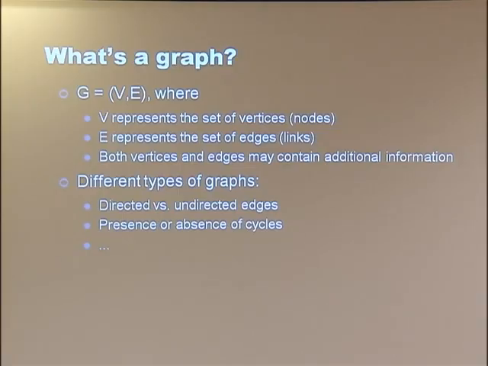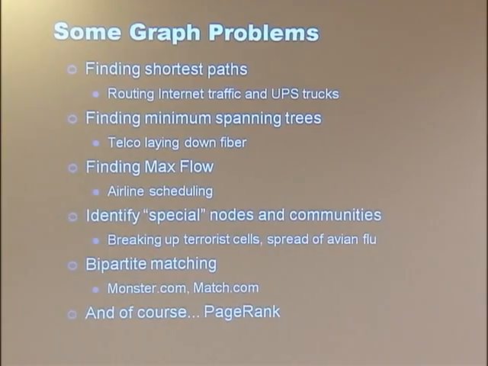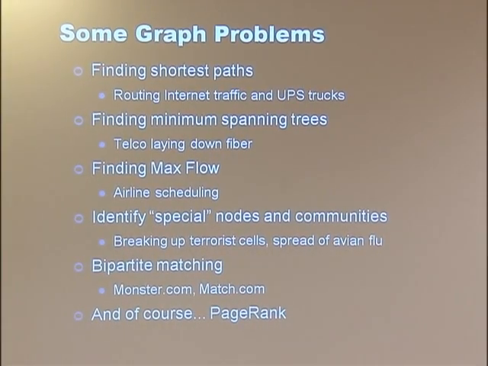There may be cycles, there may not be cycles, etc. Graphs are everywhere. Everything from airline scheduling, to breaking up the spread of avian flu or swine flu by deciding who to target, all the way down to finding a job on Match.com by a bipartite graph matching problem. So graphs are everywhere, and of course PageRank.